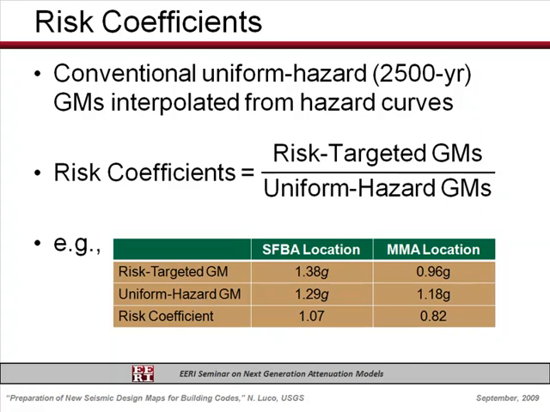The underlying reason is the hazard curves for the two locations that we saw. They were different in shape, and Charlie showed those examples too, central and eastern US versus western US. They have different shapes of hazard curves, and that's what really causes this difference in the two locations in terms of how we would adjust 2,500-year ground motions in order to get risk-targeted ground motions.